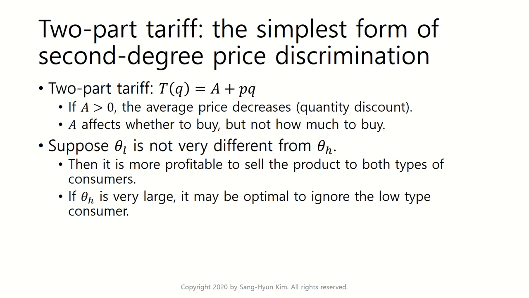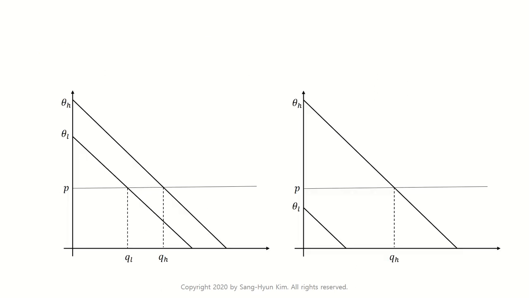If theta H is very large compared to theta L, then it may be optimal to ignore the low type consumer. So we want to focus on the situation where theta L is not very different from theta H, so both types of consumers are served in equilibrium. That's one assumption that we want to make.